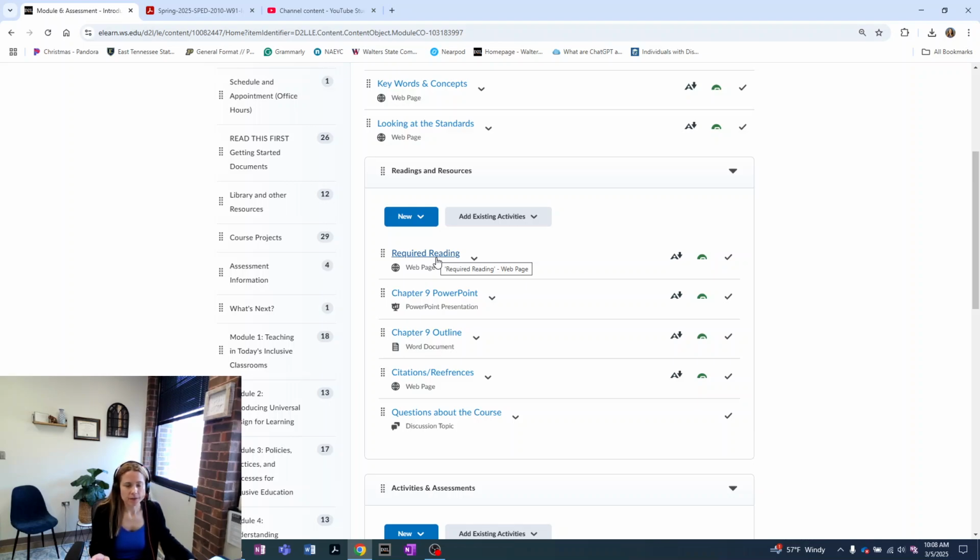One of the major objectives is for you to know the difference between large-scale assessment, alternative assessments, and ongoing assessments. This starts out talking about large-scale assessments and alternative assessments.